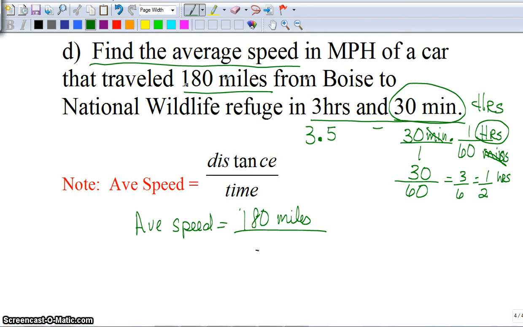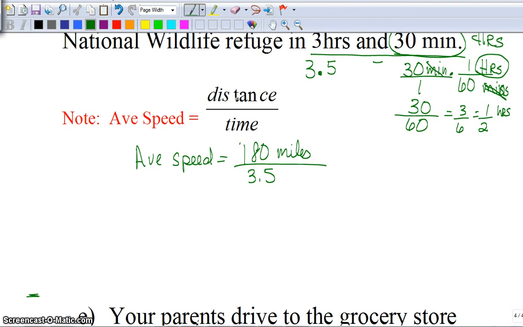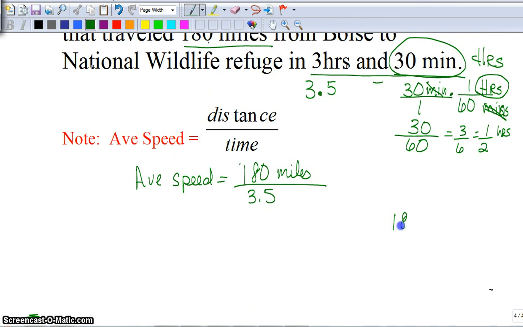So now I have 180 miles divided by 3.5. Give myself a little bit of room to work. So 180 divided by 3.5. Need to move my decimal place. Okay, 35 will go into 180. Let's see, 5 times. 5 times 5 is 25. 3 times 5 is 15, plus 2 gives me 17. 180 minus 175.